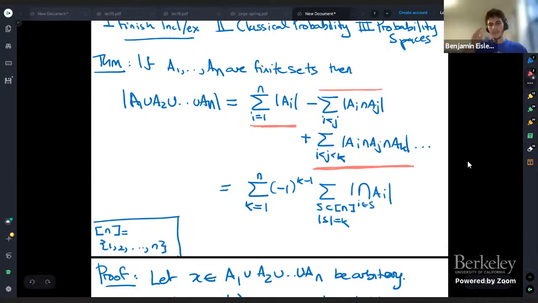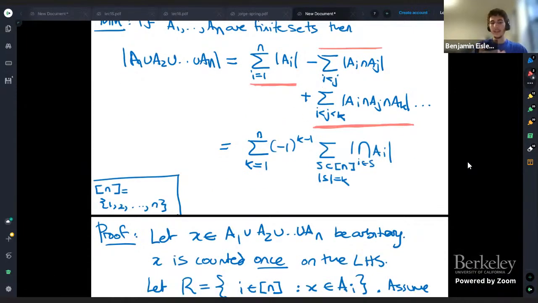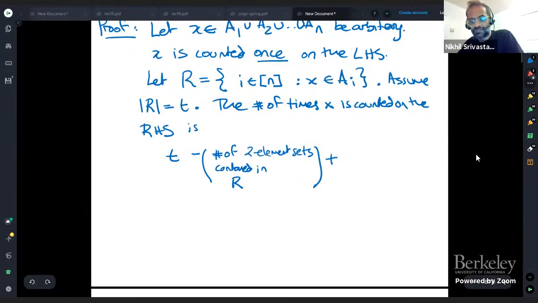That would be the number of 3-element subsets of R. Yeah, the number of 3-element subsets of R. And so on.